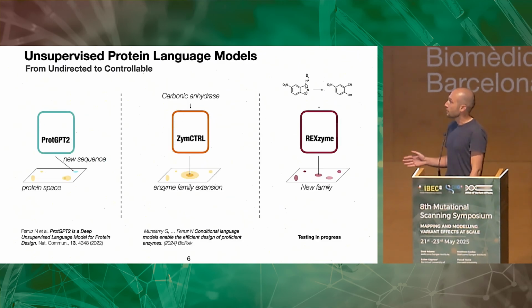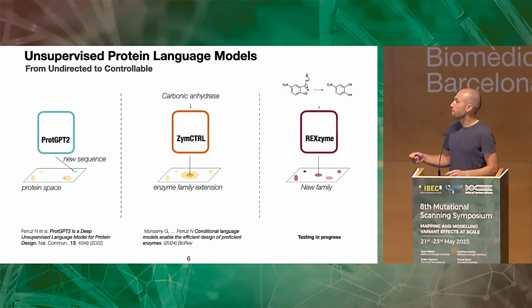Our lab trained different models, specifically ProGPT-2, which is a decoder-only model that can sample from the protein space and generate sequences with low sequence identity. Then Zyme Control, which is a decoder-only model that is conditional, so we can give as an input enzyme class.